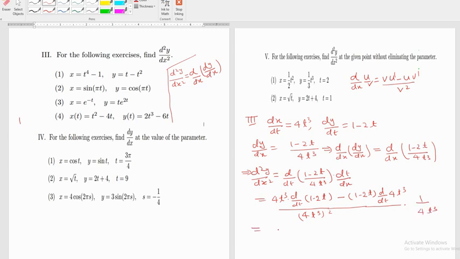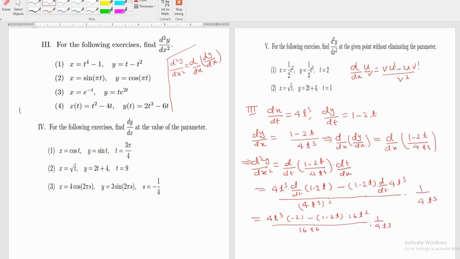Just simplify it. 4t cube, and d dt of 1 minus 2t is minus 2, because derivative of 1 is 0 and derivative of 2t is 2, minus 1 minus 2t, and derivative of this one is 12t square, divided by 16t power 6 and 1 divided by 4t power 3.